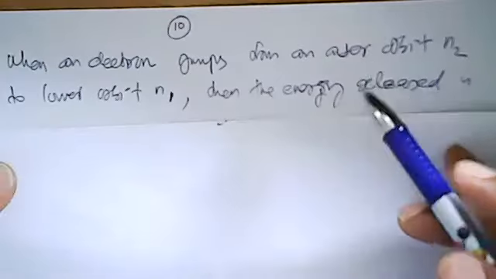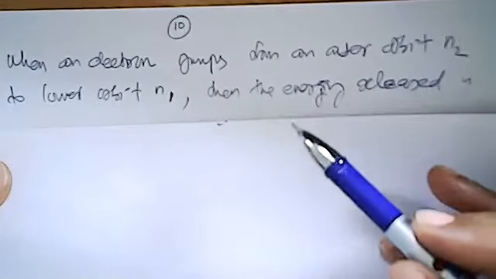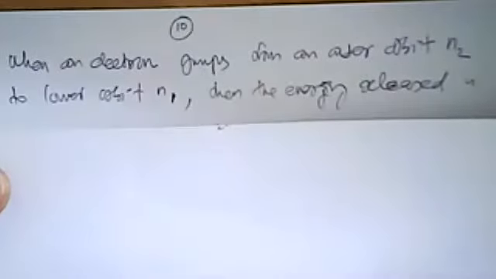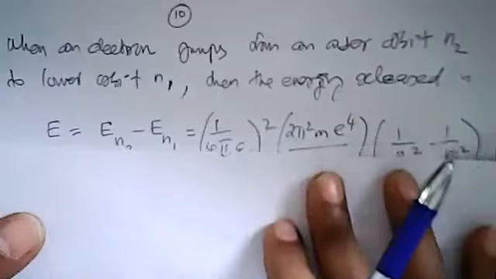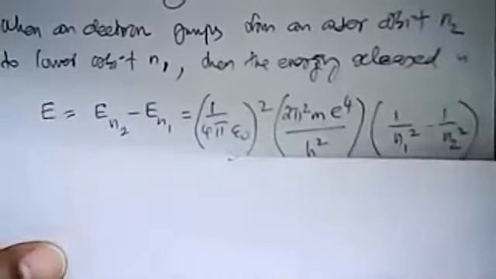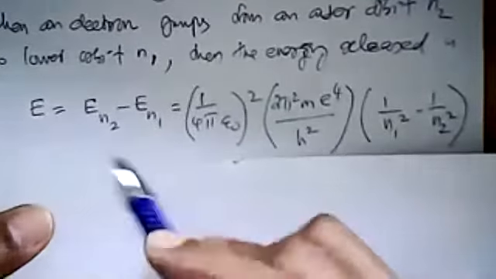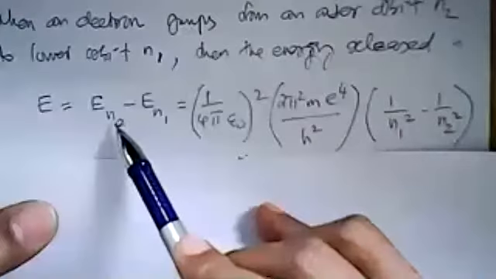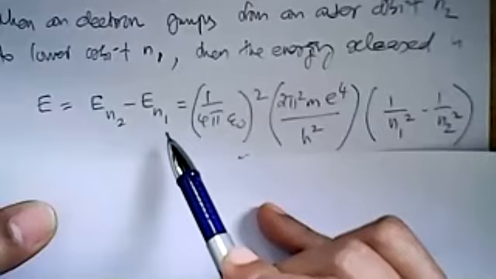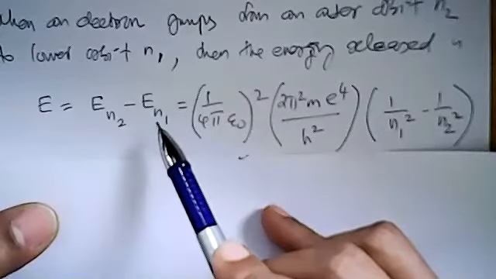Then what is the energy released? According to Bohr's postulate, the difference in energy is radiated as electromagnetic radiation. So let us call the energy radiated or released E. So E equals En2 minus En1, the difference in energy.